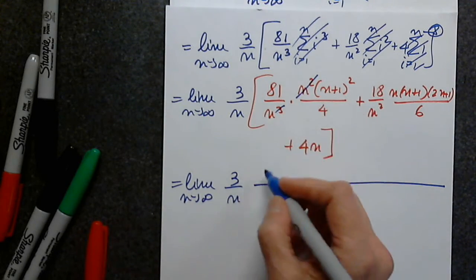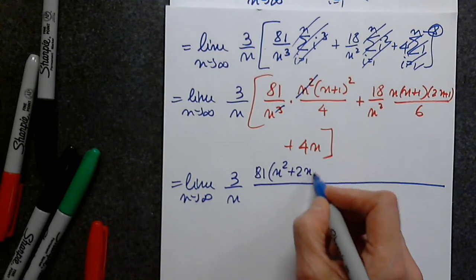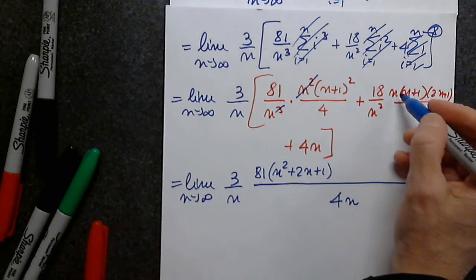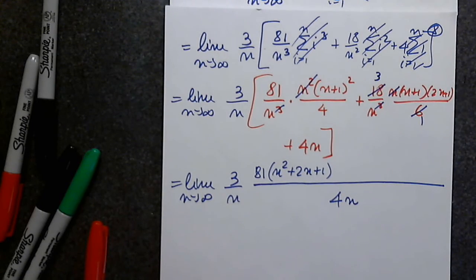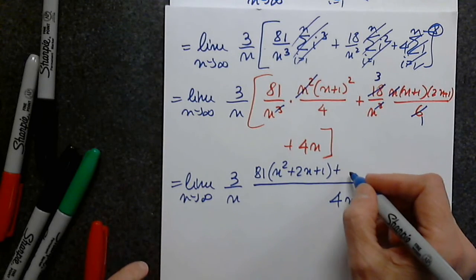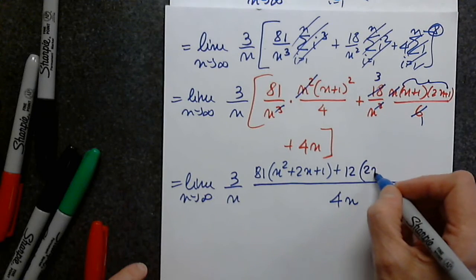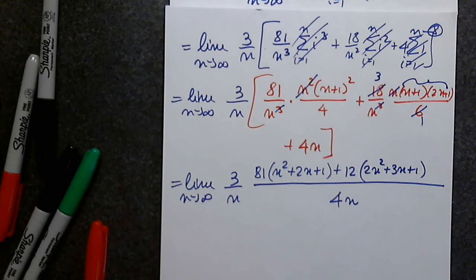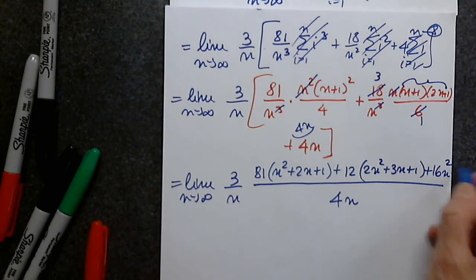So the top of this is only 81, and I square this. n squared plus 2n plus 1. Here I will simplify an n, and I can also simplify by 6, but I will have to multiply by 4, which is fine. So plus 12, and I multiply these two. 2n squared plus 3n plus 1. And then this one needs a 4n. So plus 16n squared.